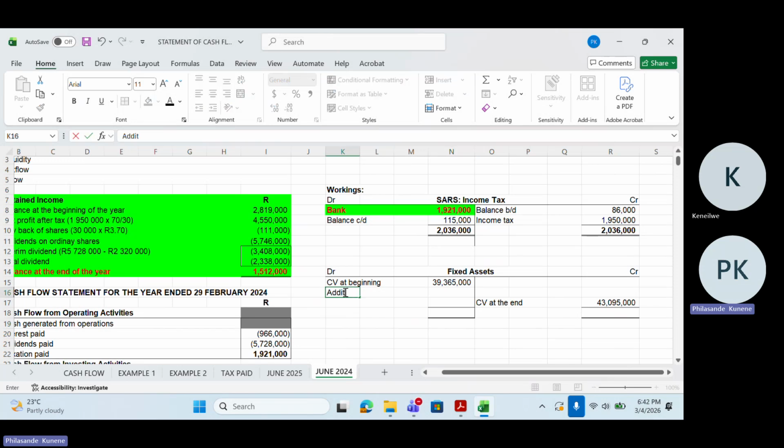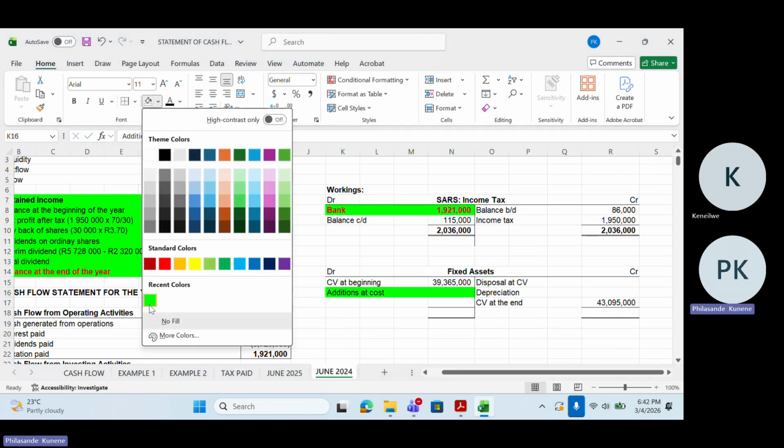So I'm going to have additions at cost. We're saying carrying value at the beginning plus additions at cost minus disposal at carrying value, and then minus depreciation, right? Depreciation, that's what we have. Additions at cost, that's what I'm looking for.